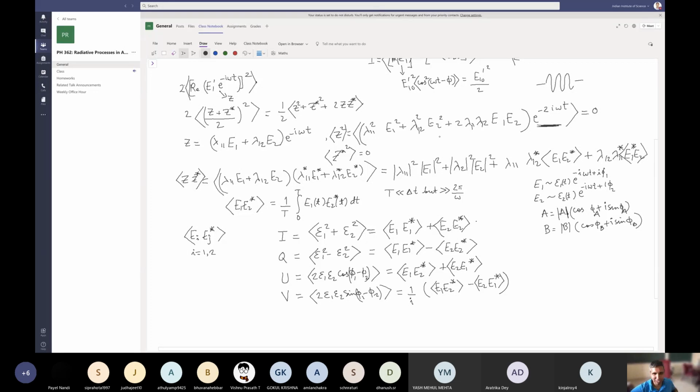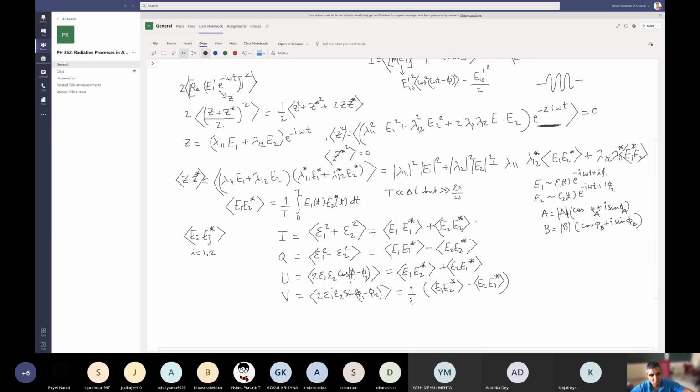Right, so this reduces to the standard Stokes if we set phi1, phi2, epsilon 1, epsilon 2 to be constant. So Stokes parameters are the most general and complete description of radiation intensity, right?